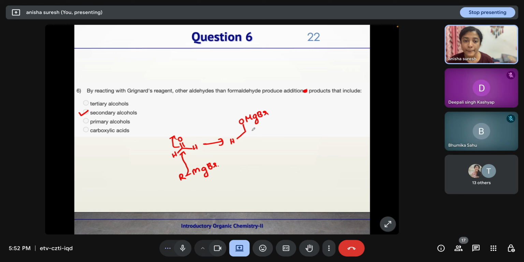Now upon hydrolysis, it will result in the formation of OH, H, H and R. So this is a primary alcohol.